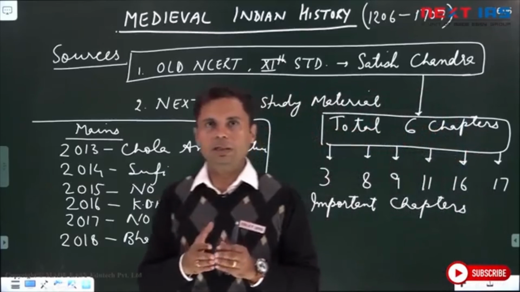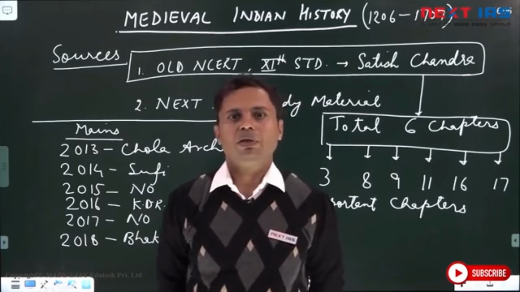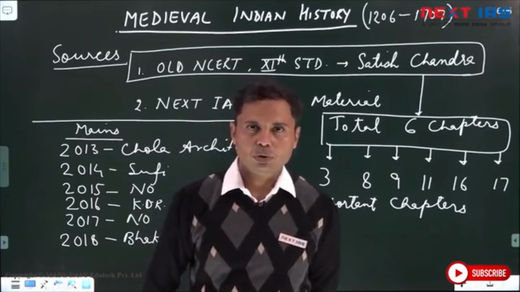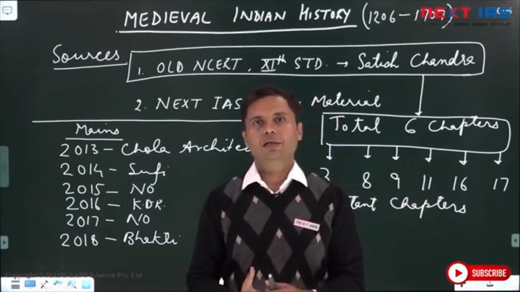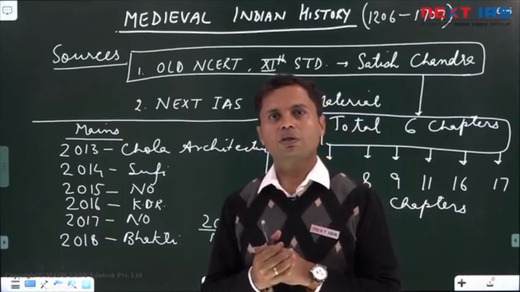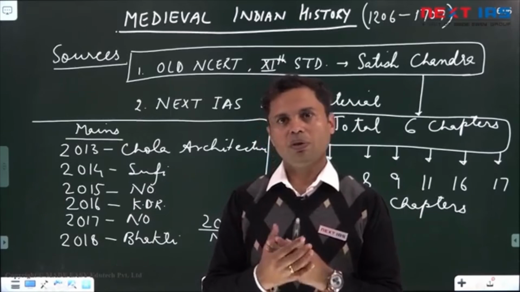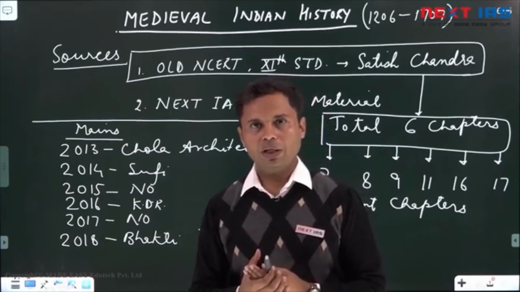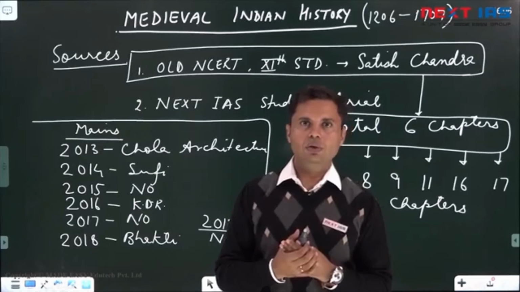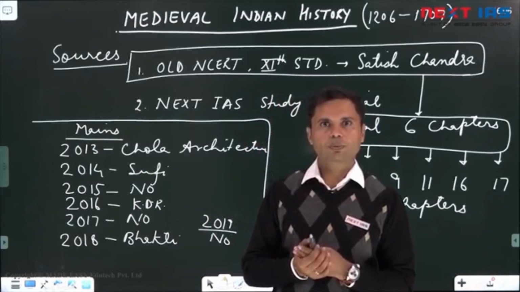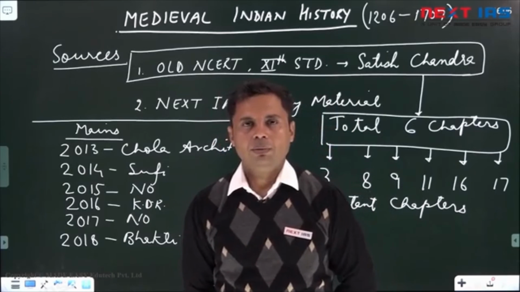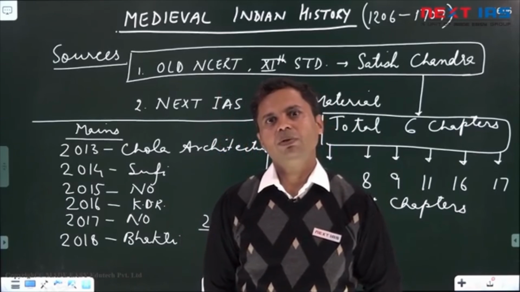So accordingly, depending upon the availability of time, depending upon whether you are appearing in 2021 or 2022, you can strategize your preparation for this part of history with this video. So it was just a way to tell you how you can build your strategy for the medieval Indian history. And I hope you might be getting benefited from this video.